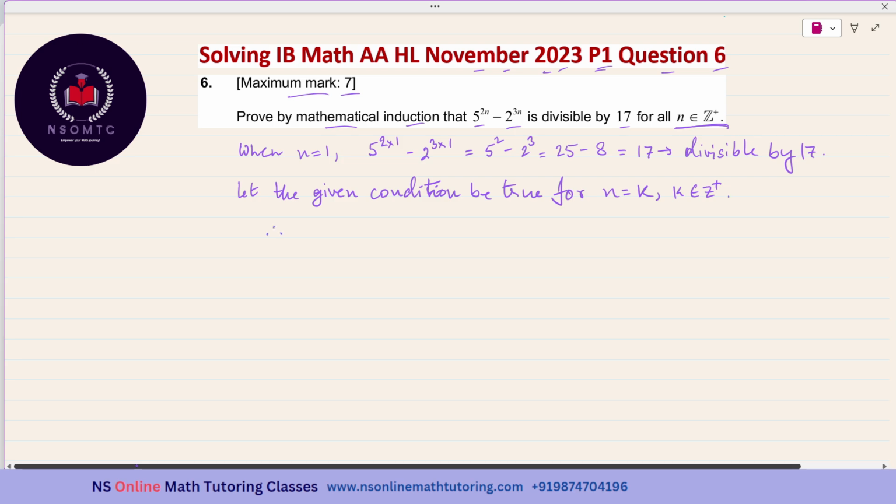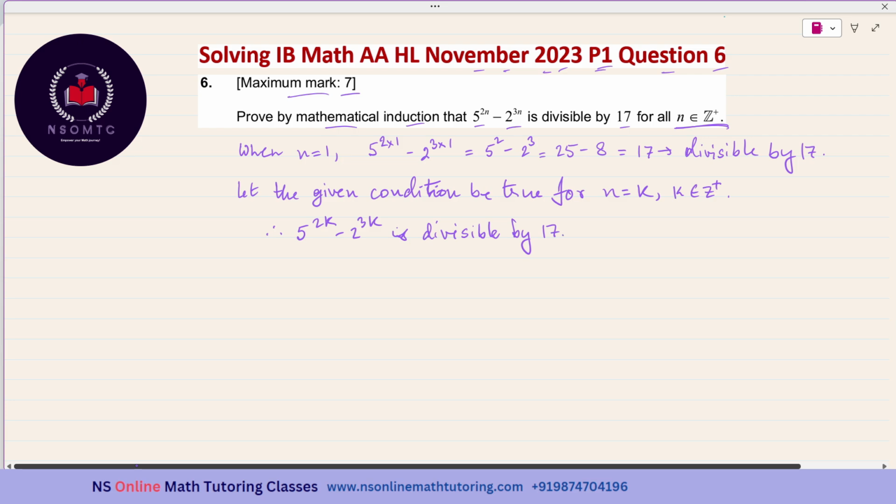Therefore, 5 to the power of 2k minus 2 to the power of 3k is divisible by 17.